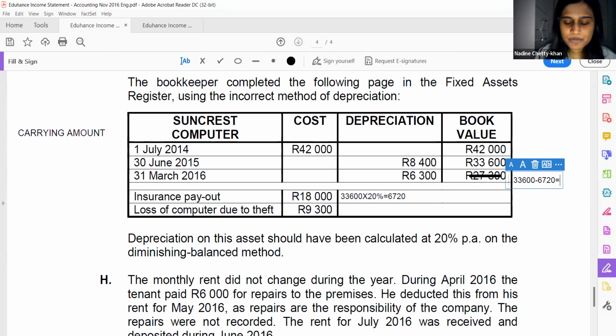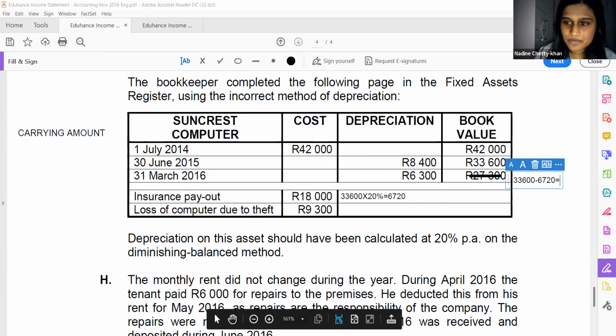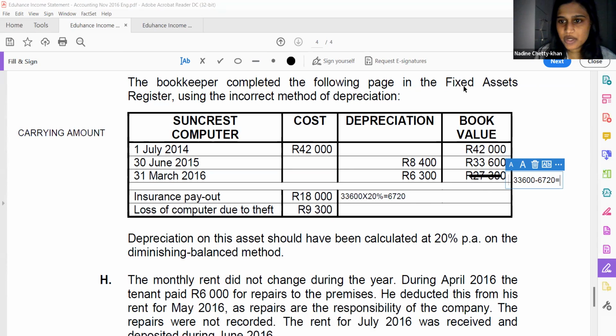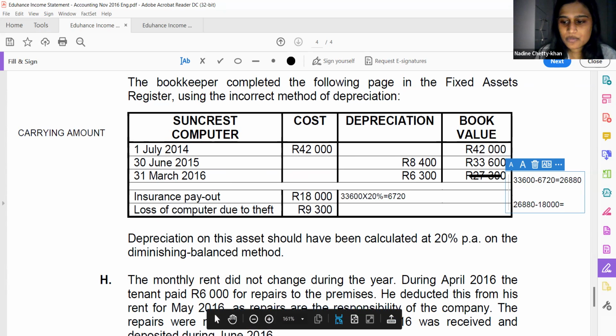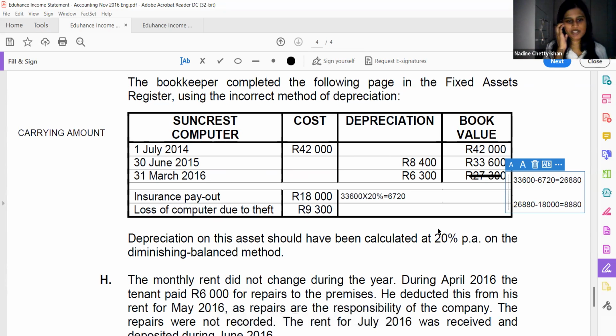And that should give you 26,880. When you take that 26,880 minus 18,000, which is the amount we got from the insurer, 8,880 is our new loss on the computer.